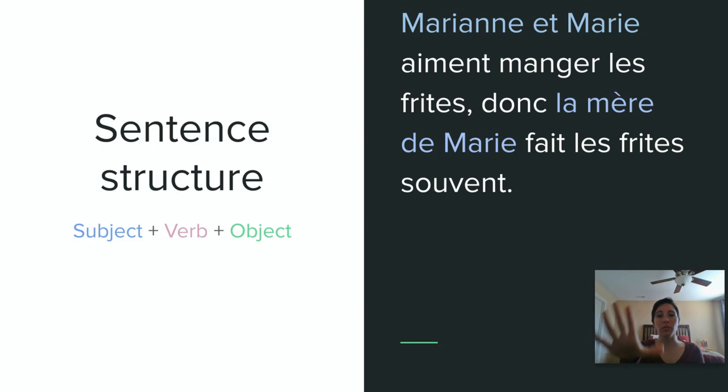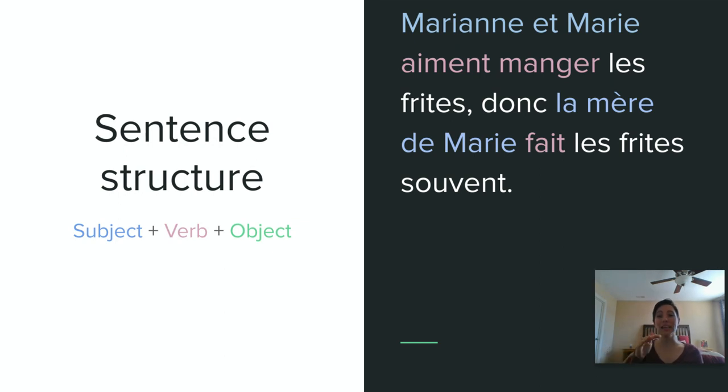Okay, so first we look at our subject. Now we look at our verb. In the first half of the sentence, we actually have two verbs. We have aiment and manger. Remember, in a French sentence, when you have two verbs, the first verb is conjugated and the second verb stays in the infinitive. So aiment manger is our verb.